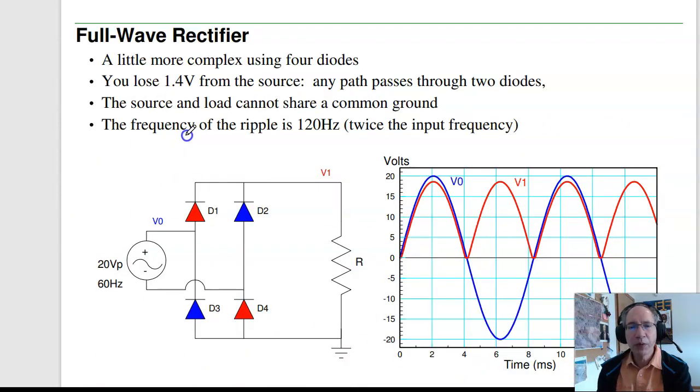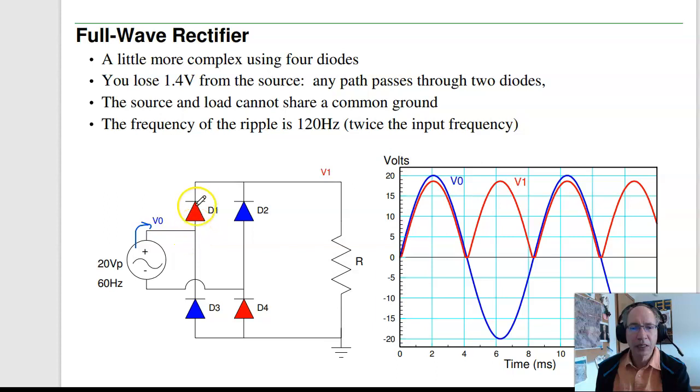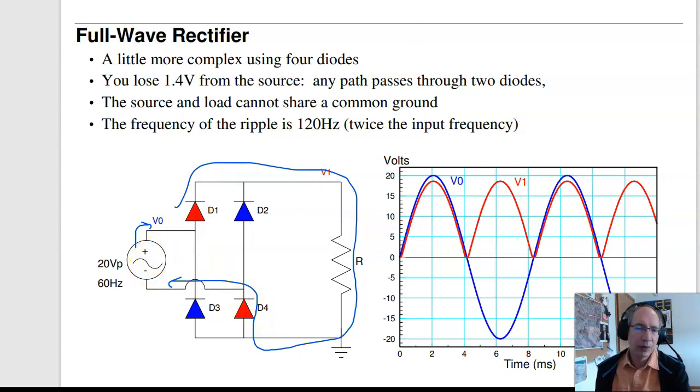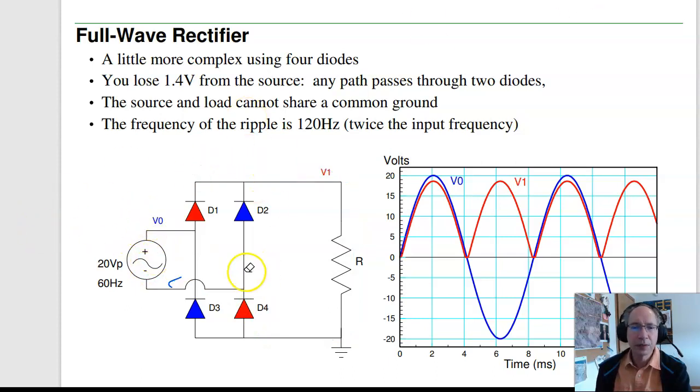A full-wave rectifier is a little bit fancier. I use 4 diodes. So kind of what happens is when the voltage is positive, current's going this way, diode 1 turns on, and current goes up, goes down, comes back, then diode 4 turns on. So 1 and 4 turned on when the voltage is positive. When the voltage is negative, current goes backwards.